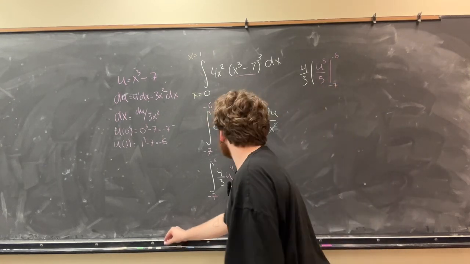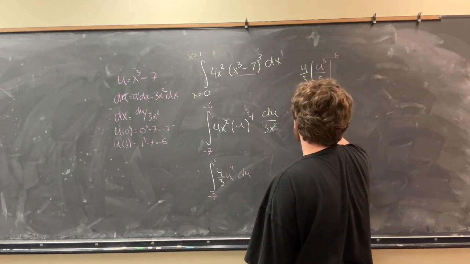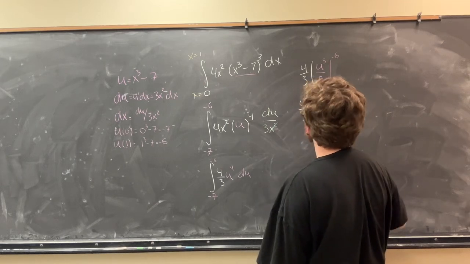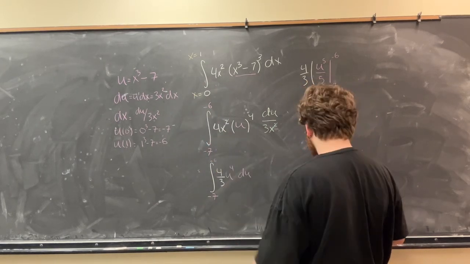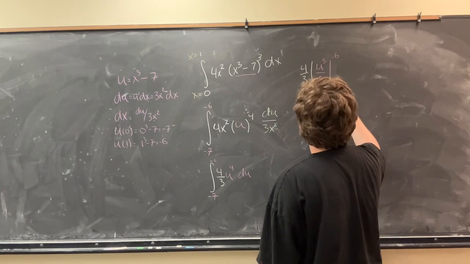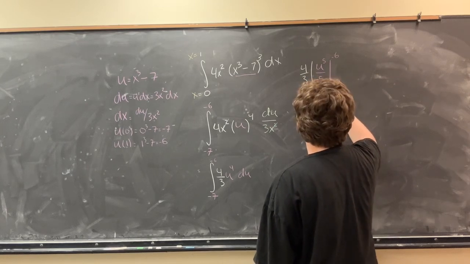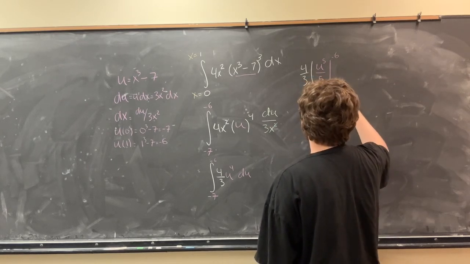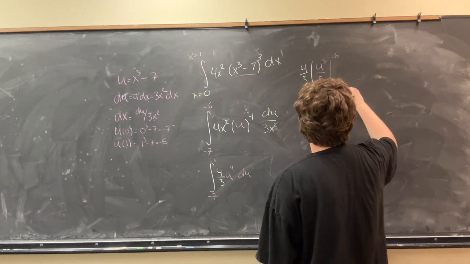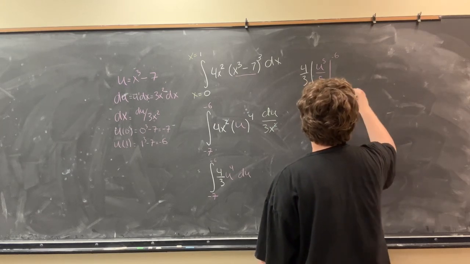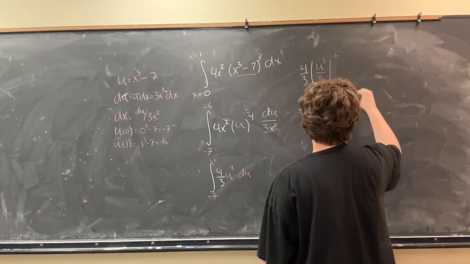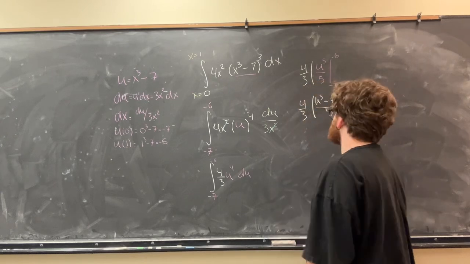That gives us 4/3 times, we want to plug back in our u, so that's going to be (x cubed minus 7) quantity to the 5th all over 5, evaluated from negative 7 to negative 6.